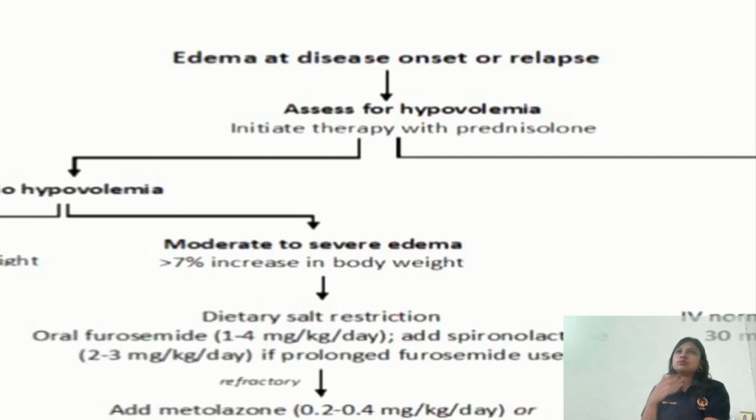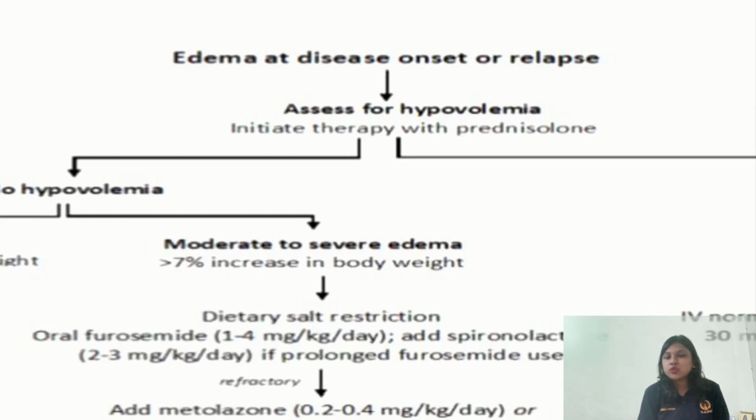Those of you who are not exposed to pediatrics may ask how you assess the volume status. This is not just for pediatrics, it's for any part of medicine: how do you assess volume status in an individual? First some symptoms, next signs, and some investigations. If there is hypovolemia, you will find nausea, vomiting, lethargy, abdominal pain.